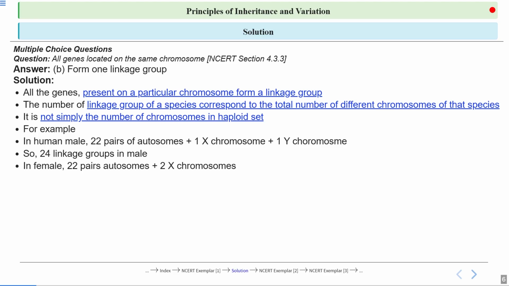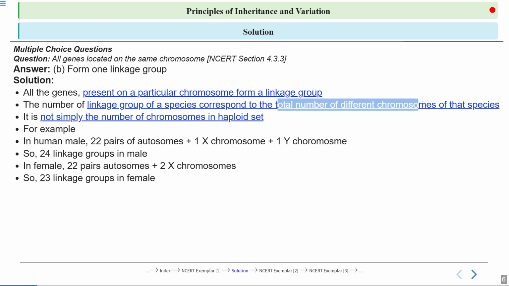Whereas in females, you have 22 pairs of autosomes and a pair of X chromosomes, so in females you have 23 linkage groups. In humans, you have 46 chromosomes, which means 23 pairs. So 23 is the haploid number, but actually, in males, you have 24 linkage groups.